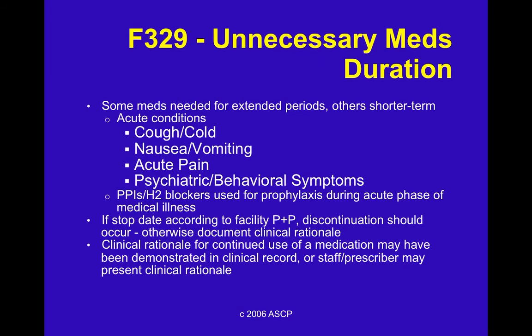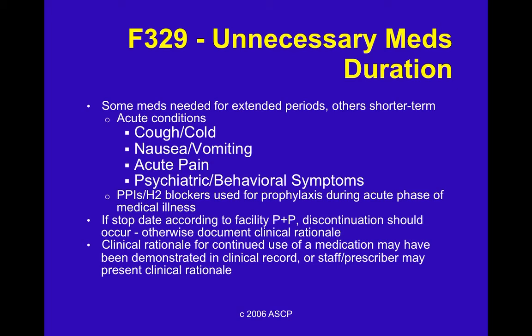The other thing is we want to look at meds for duration. Usually acute conditions like the use of cough and cold products, nausea and vomiting products like ondansetron, acute pain, and psychiatric behavioral symptoms. We want to look at how long somebody should be on these and when dose reductions should be recommended. Example 2 is PPIs and H2 blockers.